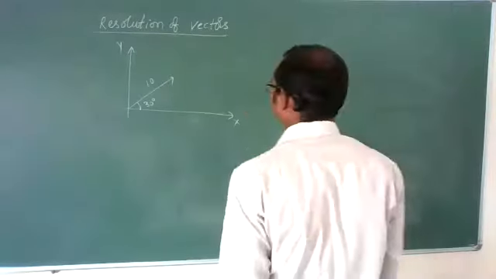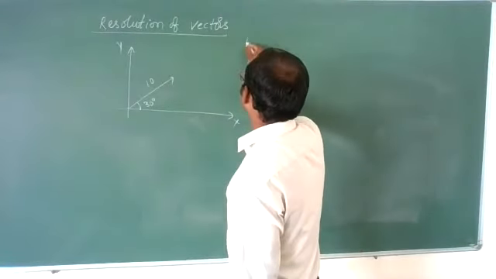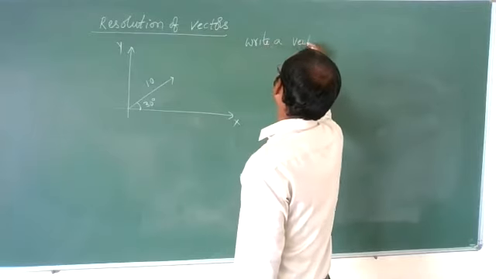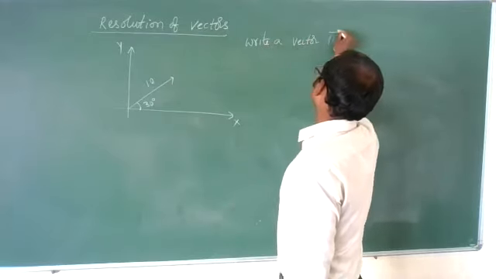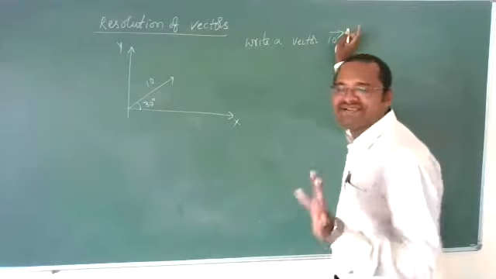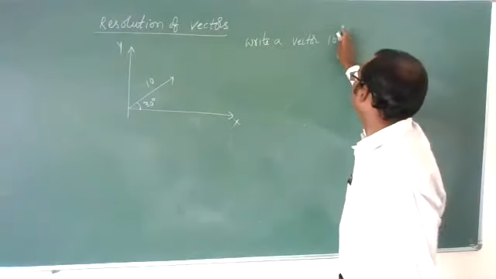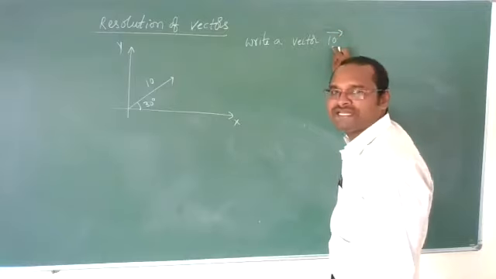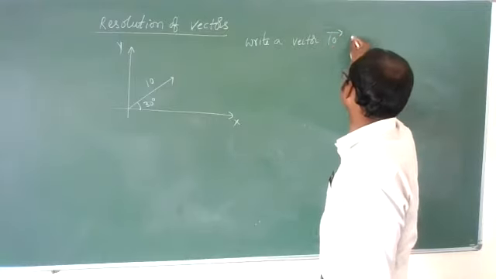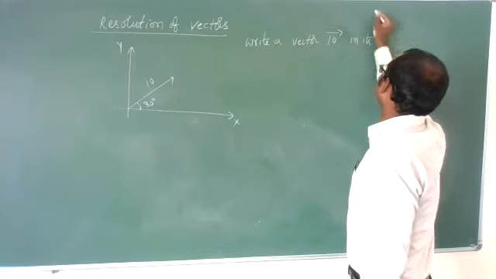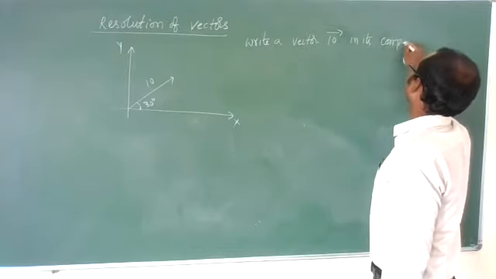Write the vector 10 bar. If I write 10 bar, it is a vector; if I just write 10, it is a scalar. 10 bar has magnitude and direction. Write its component form.